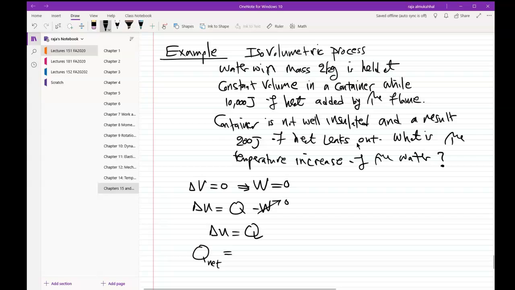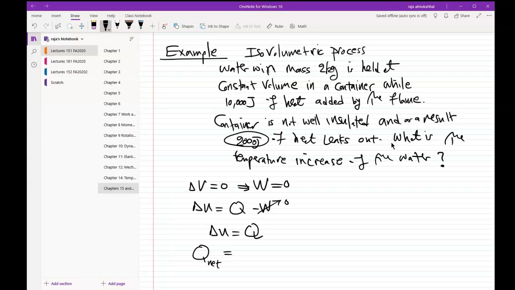So in this case, the net heat is really, what is that other one? Oh, there it is. He said 10,000 right here. I'm sorry, I think I've read it wrong. The leaking is 2,000, not 200. Sorry, let me go back here. Right here, guys. He said the container is not well insulated, and as a result, 2,000 joules of heat leaks out. It's not 200.